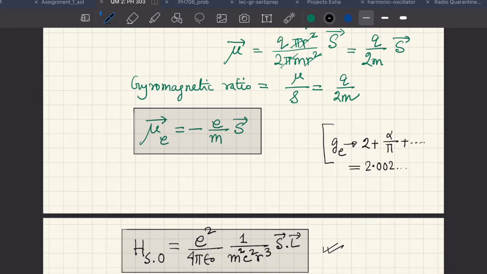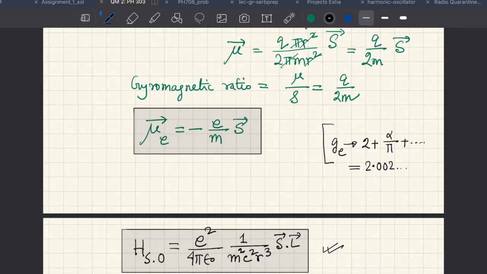The calculation and the measurement, both the theoretical calculation and its measurement in the lab, is basically called the anomalous magnetic moment of the electron. And this experiment as well as the theoretical calculation is so precisely matching that till date this is thought of as the greatest achievement of 20th century physics.